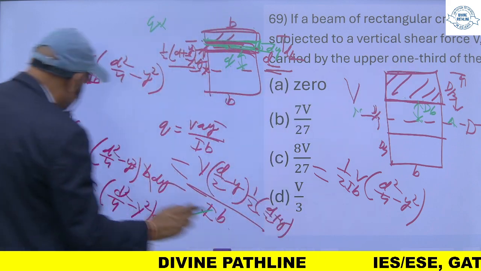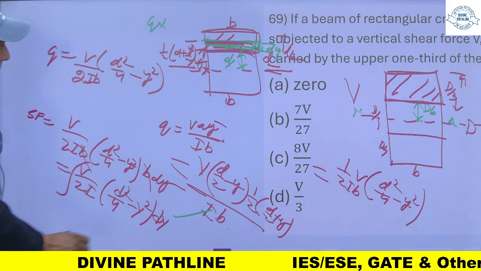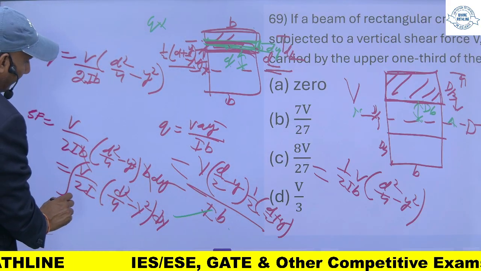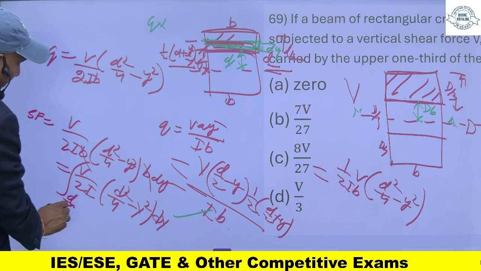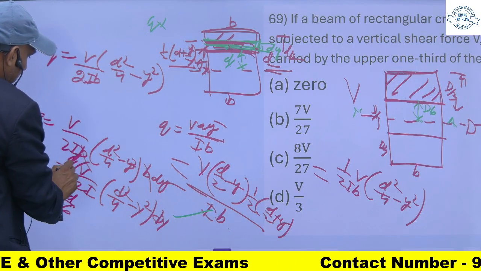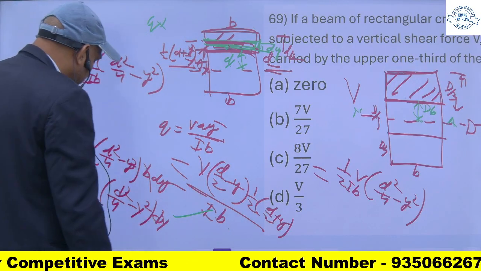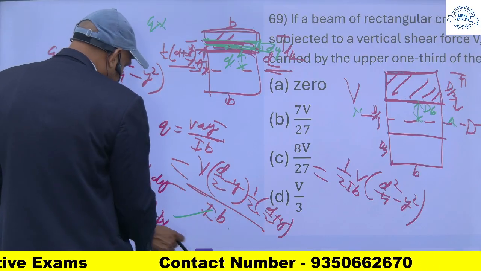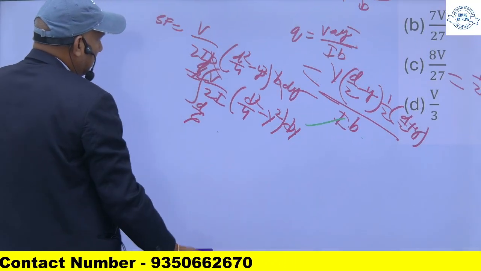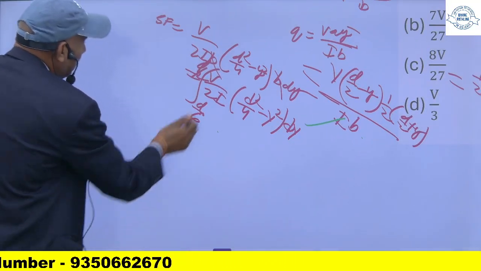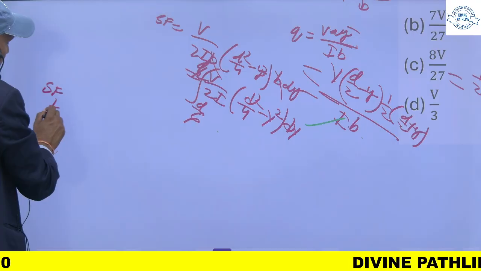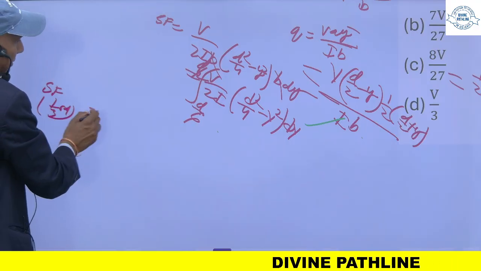If I integrate from y equal to D by 6 to D by 2, you will get the shear force carried by the one third portion.